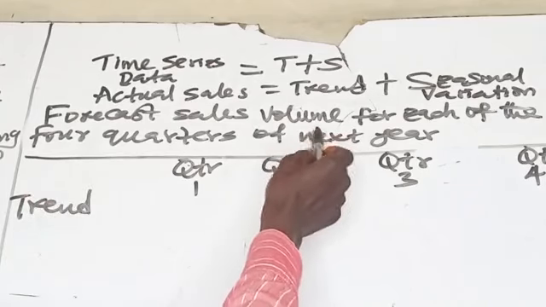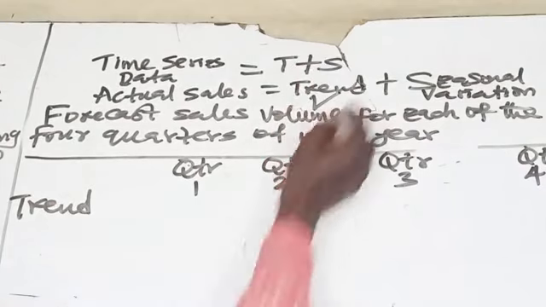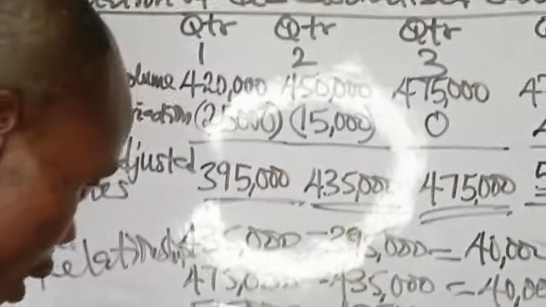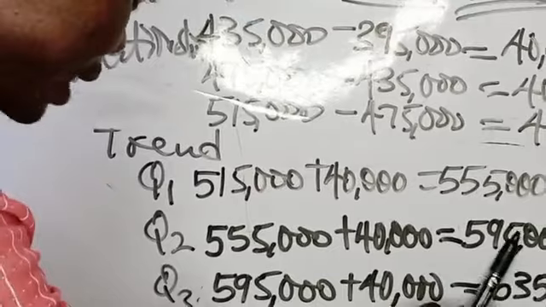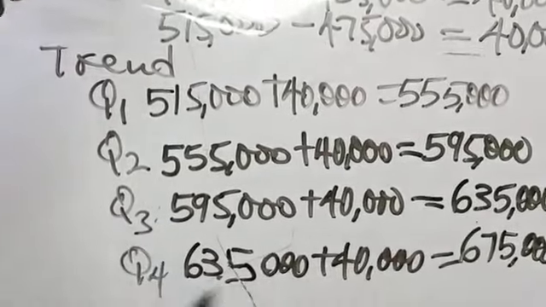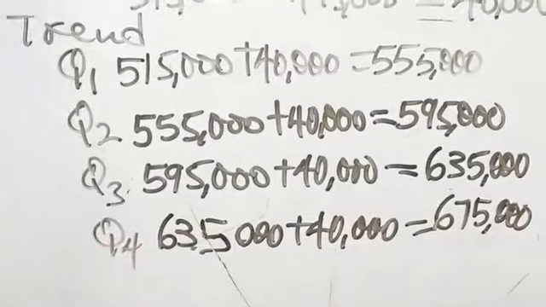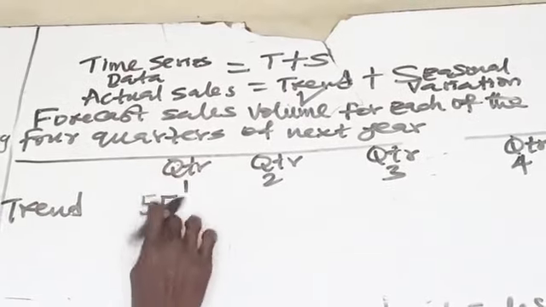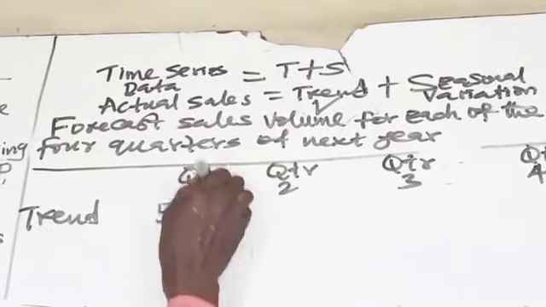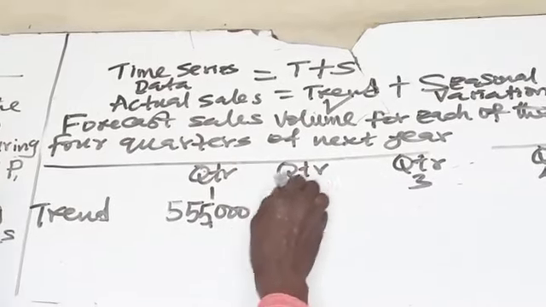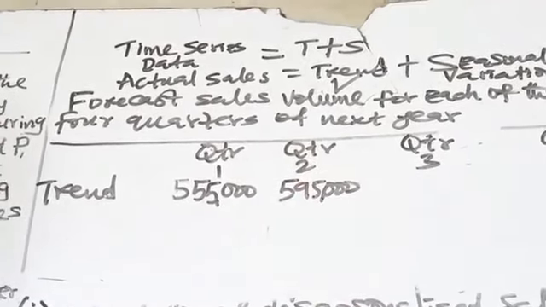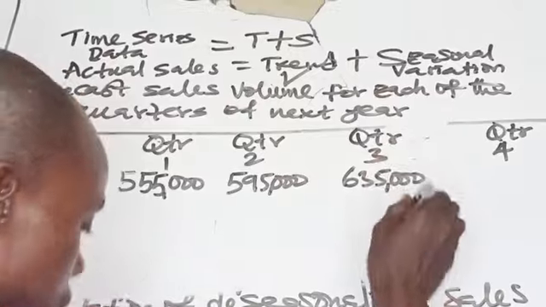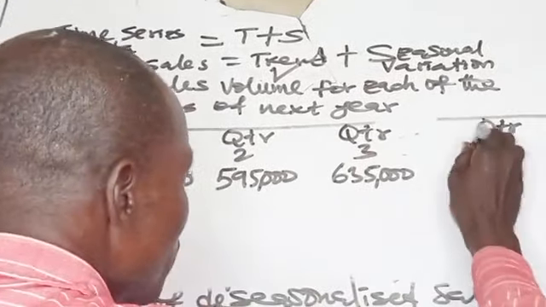The first variable there is trend. Our estimated trend, we have 555,000, 595,000, 635,000, and 675,000.